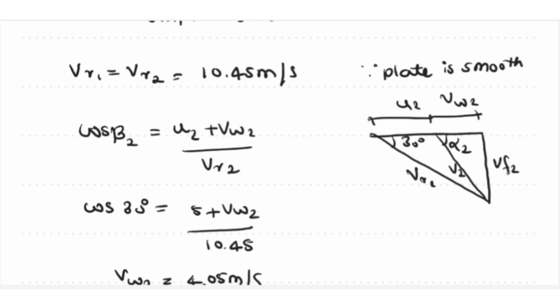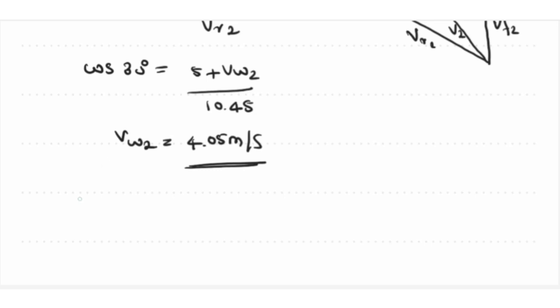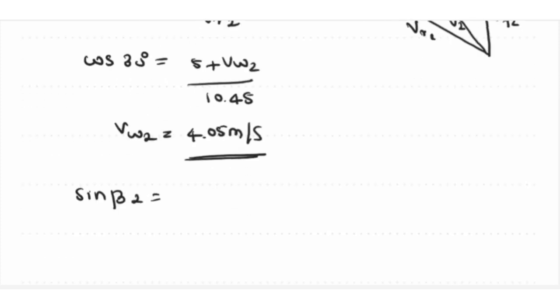In order to calculate vf2, I will apply sine beta 2 to the triangle. So that is sine of beta 2 is equal to opposite, which is vf2, and hypotenuse is vr2.